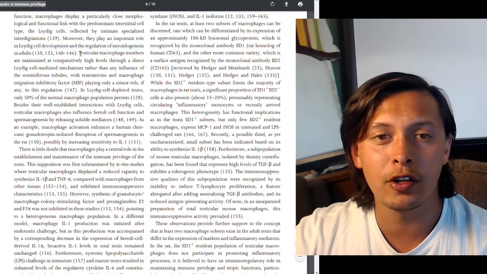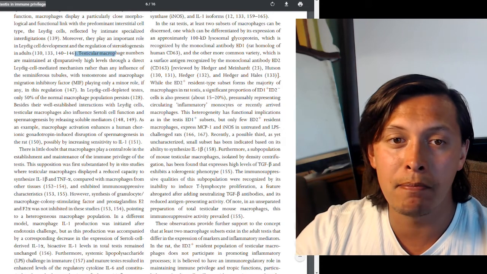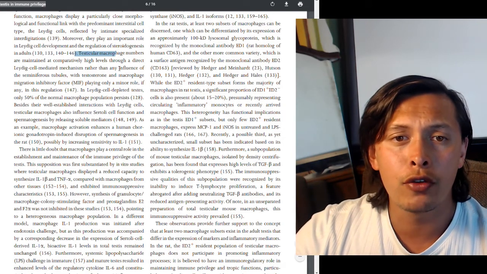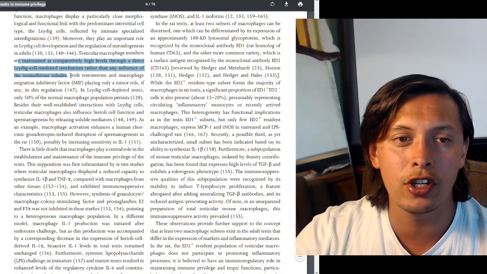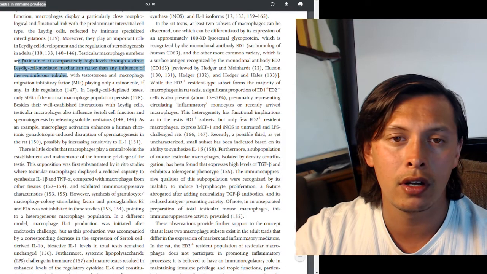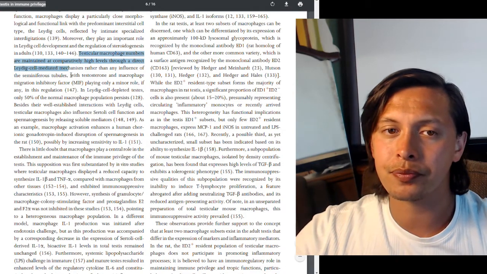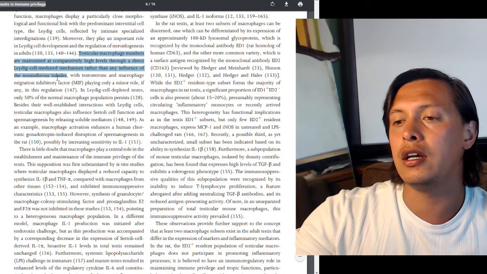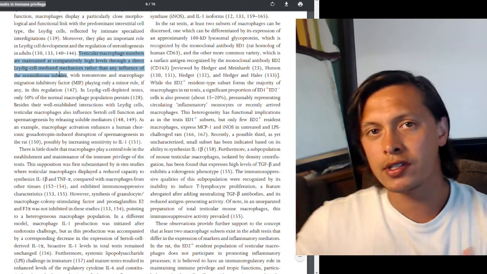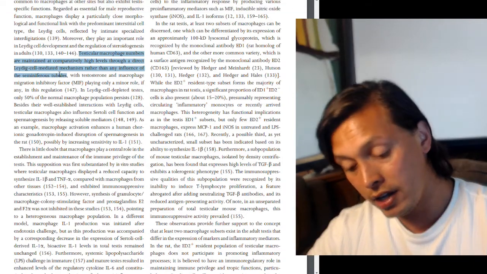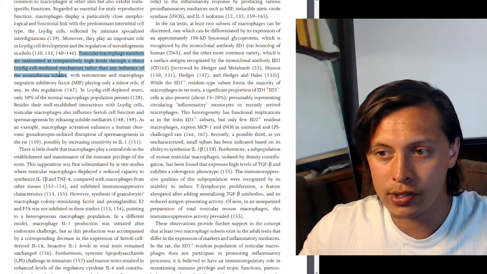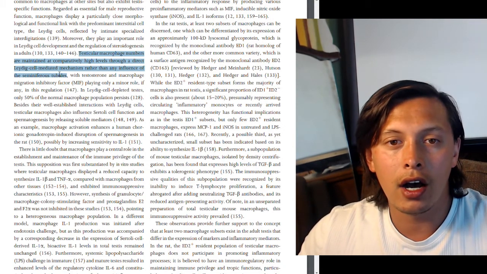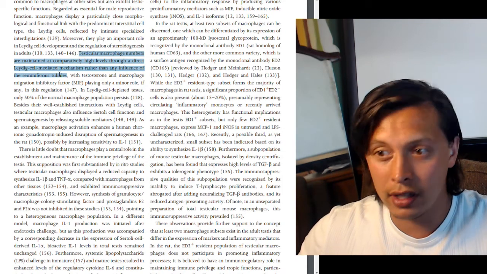Continuing: testicular macrophage numbers are maintained at comparatively high levels through a direct Leydig cell-mediated mechanism rather than any influence of the seminiferous tubules. Interesting. So the macrophages, which are a subset of the immune cells, are maintained at high levels in the testes through the Leydig cells.